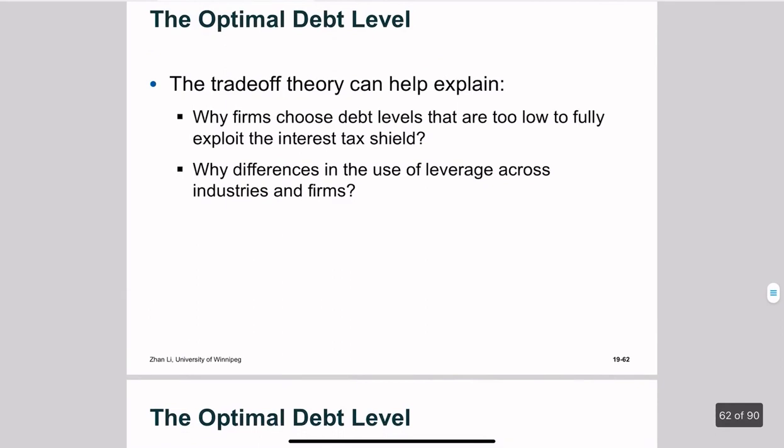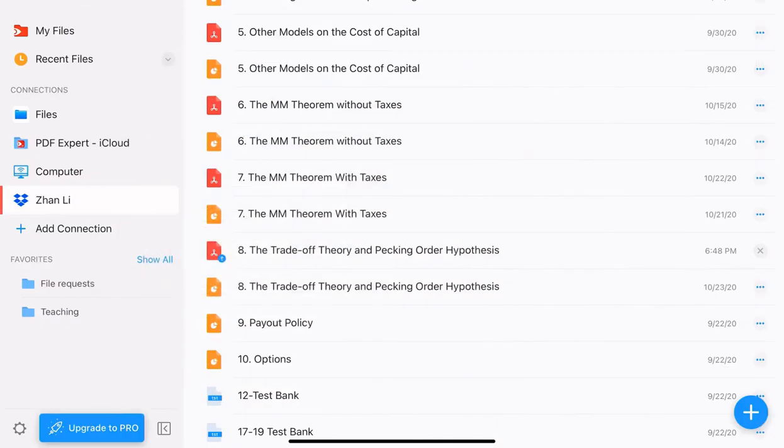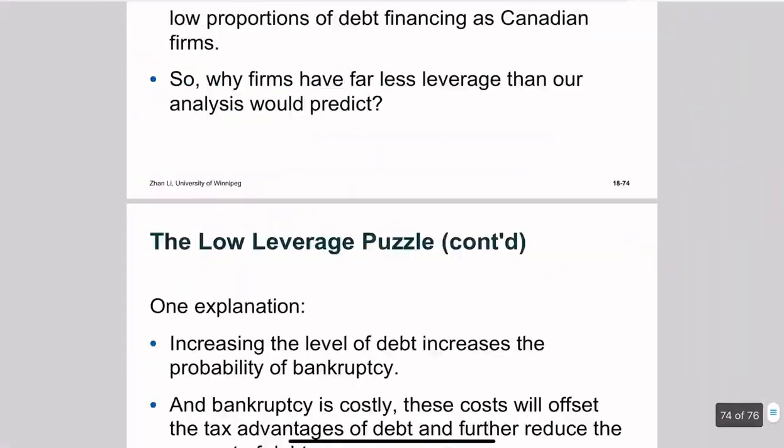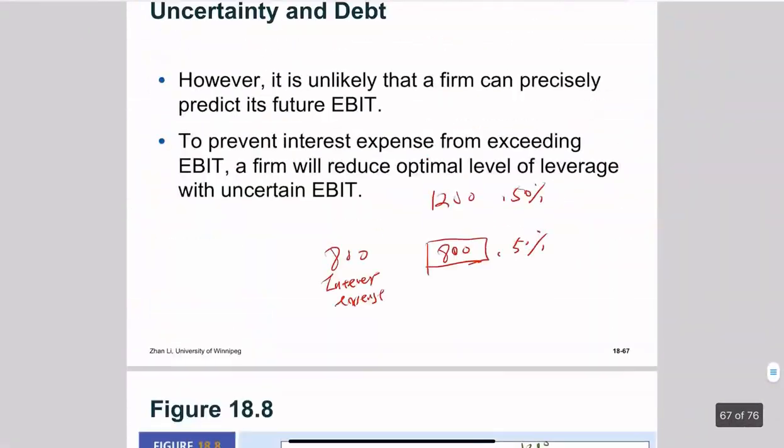So the trade-off theory would help us to explain why some firms choose debt levels that are too low to exploit the interest tax shield, and why there are differences in the use of leverage across industries and firms. So obviously here we are still talking about the observations we made in the last chapter. So let me remind you of the observations we made in chapter 7.